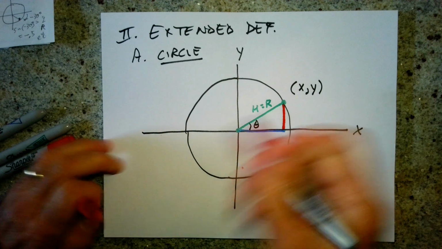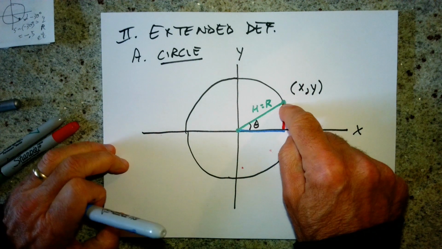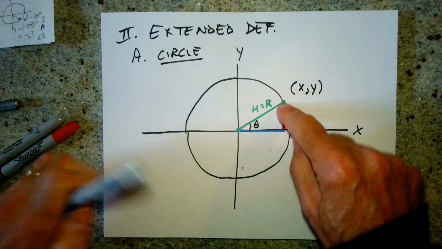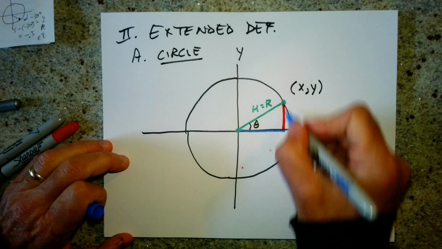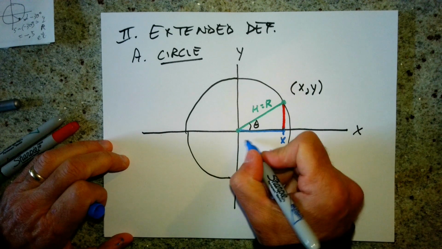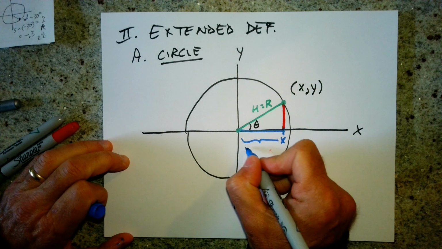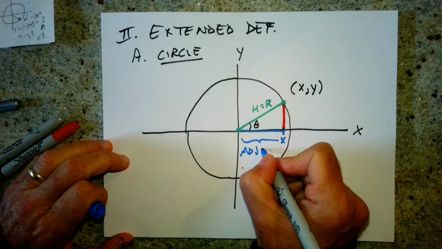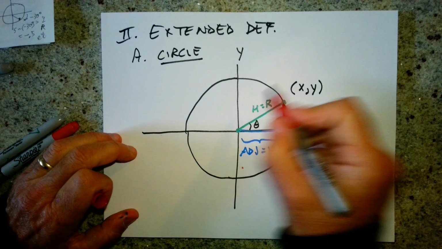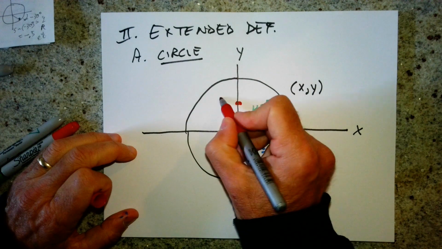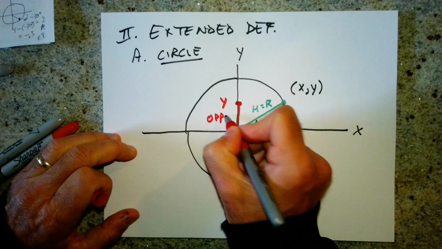But notice what's going on here. This dot on the circle that the hypotenuse reaches has two coordinates, x and y, and the x coordinate is right here. That's also the length of this side because it starts at 0. So the adjacent side of this right triangle equals x. And likewise, this height here is y. There's the y coordinate, there's y. So the opposite side equals y.